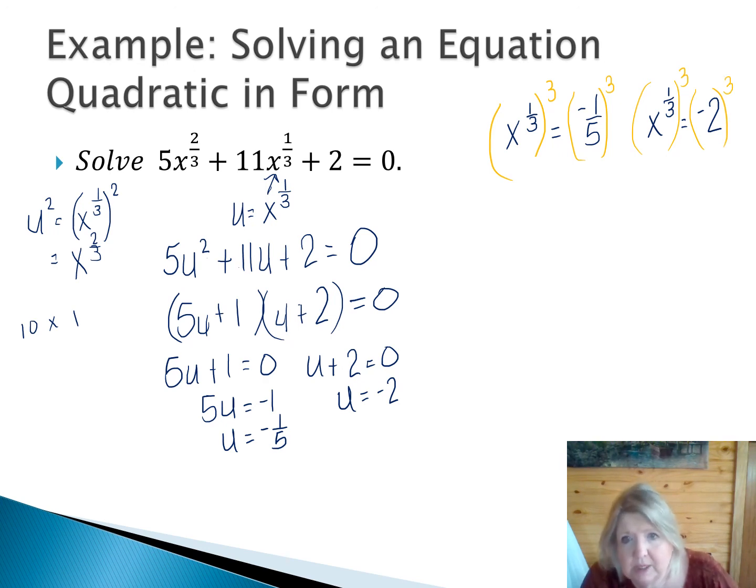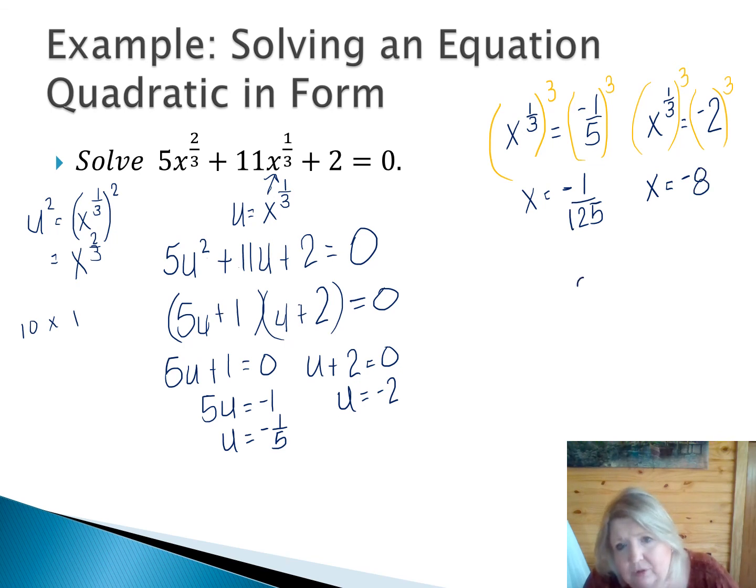So, when you raise a power to a power, you multiply the powers. 1/3 times 3 is 1, leaving x to the first power equals negative 1/5 cubed. That's 3 negatives. 1 cubed is 1. 5 cubed is 125. And on the right, negative 2 cubed. 3 negatives is negative. 2 cubed is 8.